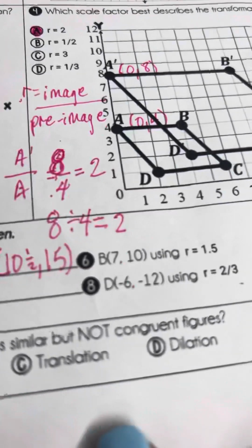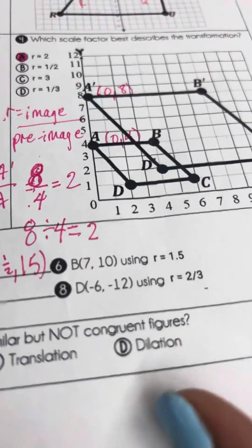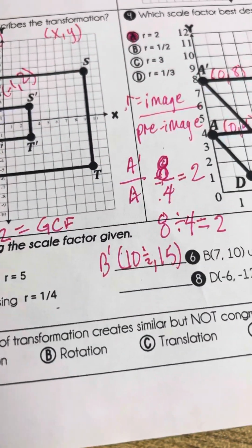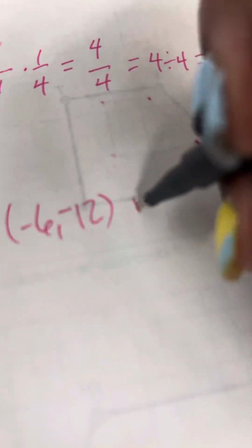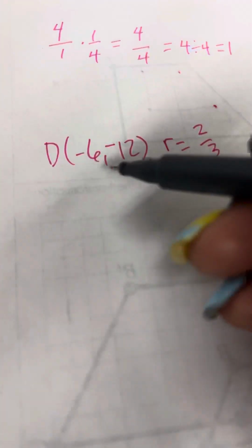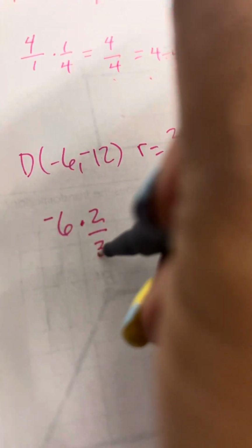Okay, now for D, we're multiplying it by 2/3. We have -6 and -12. So let's turn this over. We have D is -6, -12. And the scale factor is 2/3. So now I'm going to take each of these numbers and multiply it by the scale factor. So -6 times 2 over 3.